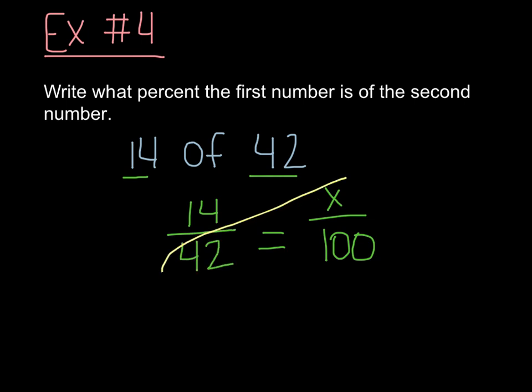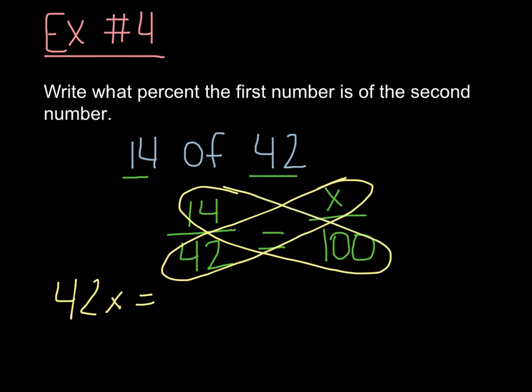Cross multiply. 42 times x becomes 42x. And 14 times 100 becomes 1,400.